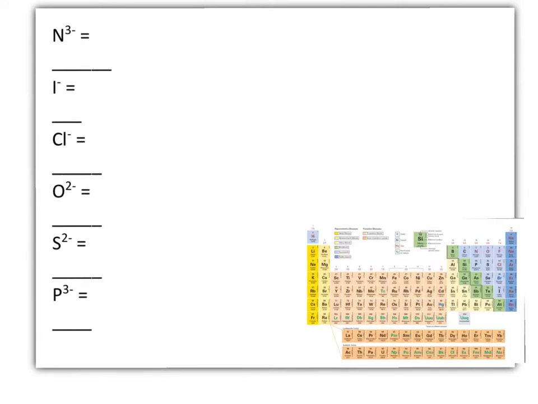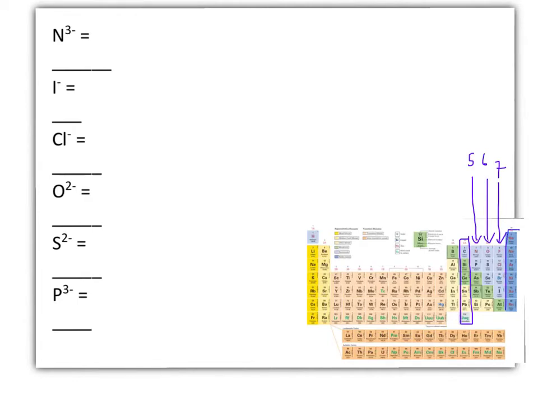So if we look at these, this is family number 5, this is family 6, this is family 7. Those are really the only ones we will refer to most of the time when we're talking about forming anions, because in family 4, there's often sharing that occurs, which is covalent bonding.